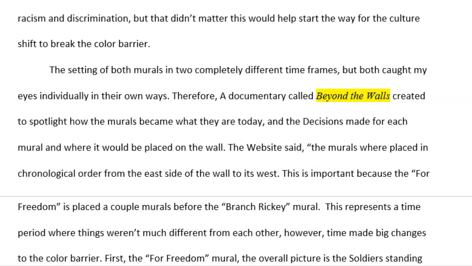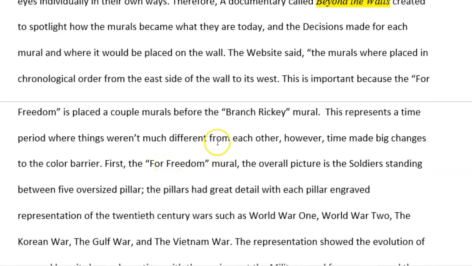And this might be an issue where you need to do one of two things. Clarify what the paper's argument is, and then go back through your body paragraphs and make sure that you're explaining how the body paragraphs are related to that clarified thesis statement, that clarified argument. Or within these body paragraphs, you need to just explain how some of these details are related to your paper's overall argument.